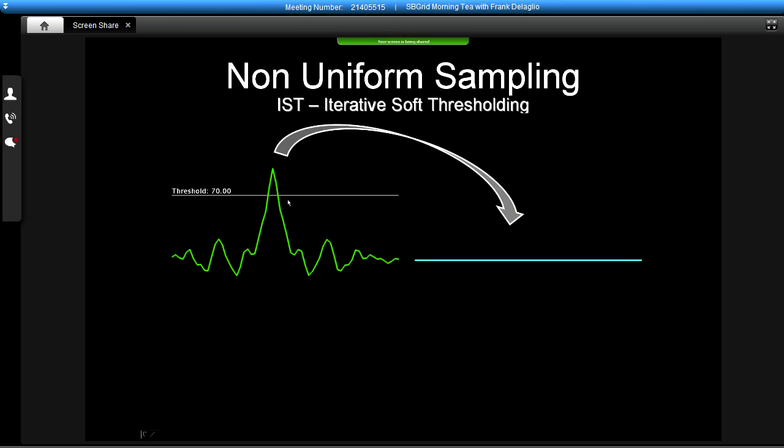And we will change the spectrum only above that threshold. And the way we'll change that spectrum is simply to shave off a little bit of the top of this spectrum and move it into an accumulated spectrum over here.